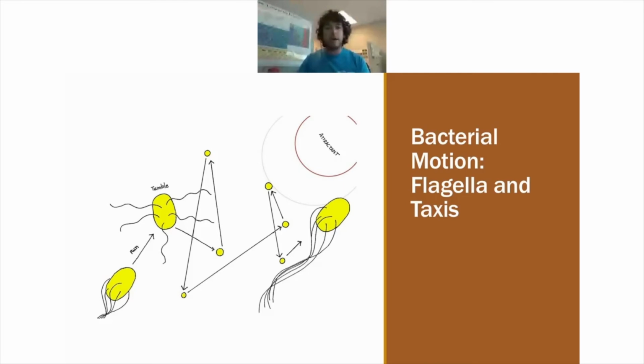This is more of an active approach than you'll see with a lot of enzyme-based products. So your bacteria will have all of its flagella rotating in a counterclockwise motion, and then it will do a run. That's when it's swimming, all the flagella will be organized and pushing it forward. Eventually, its flagella will start rotating clockwise, and it will start to sort of tumble around in its tumble phase.